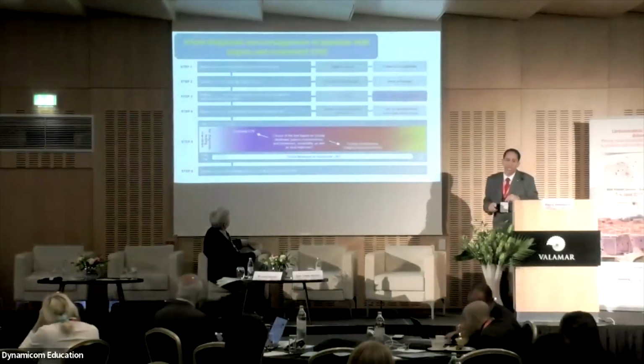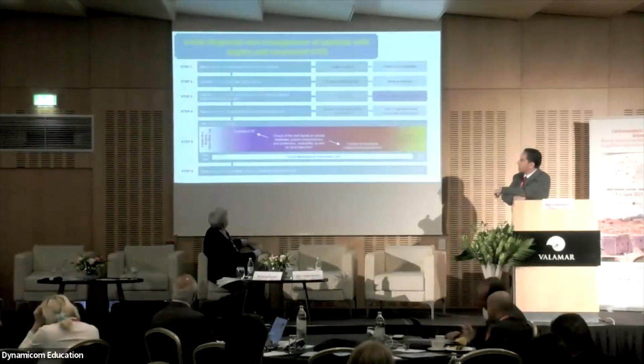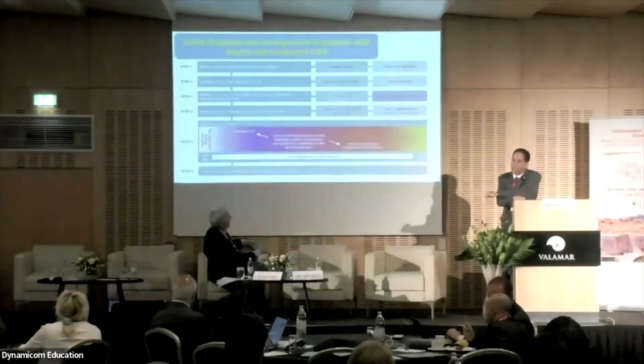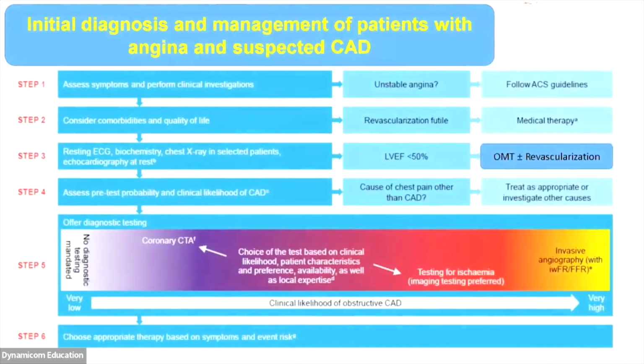So the initial diagnosis and the management, as I said, starts by assessment of symptoms and signs according to the history, because patients who have crescendo angina or unstable angina should be treated according to the ACS guidelines.